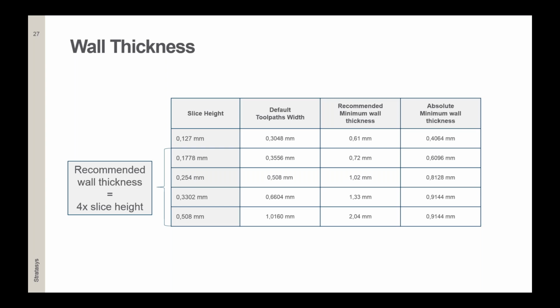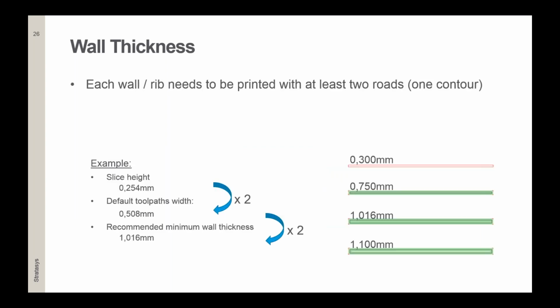So, Carlos, what happens if I have a file and load it into GrabCAD Print that does not apply this minimum wall thickness? Does the software tell the operator, hey, something is wrong here, or how does it work? Very good question. If designing thinner walls than recommended, there will be an overfill. In other words, toolpaths will overlap, so it will go 2 times over the same space, and walls will be thicker, and part quality can get much worse.